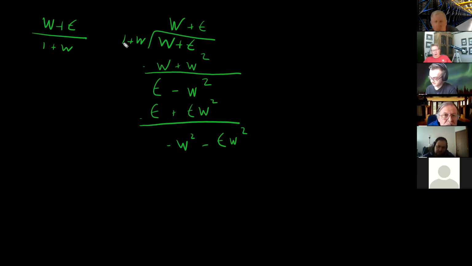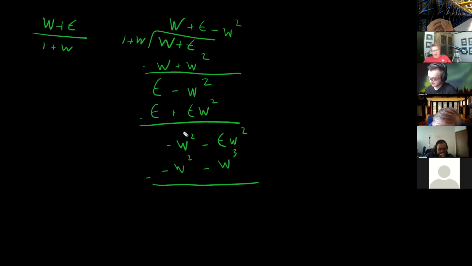How many times does 1 plus W go into that? W squared times, multiplied through, gives W squared plus W cubed. Subtracting, these go away, leaving minus epsilon W squared plus W cubed.